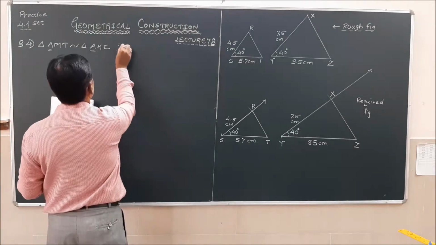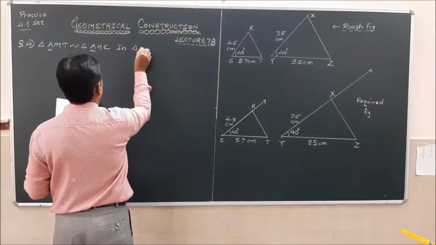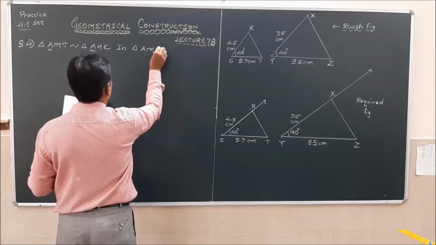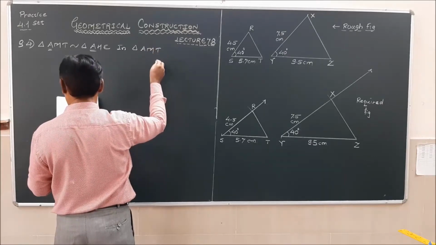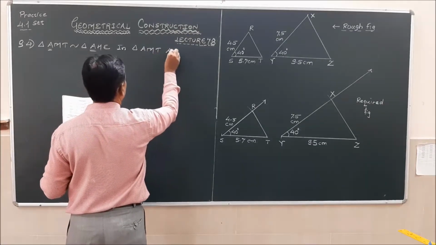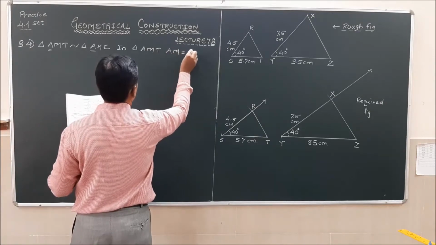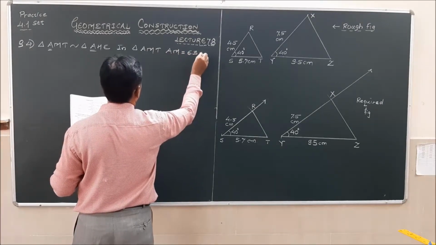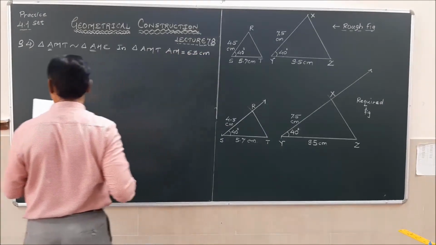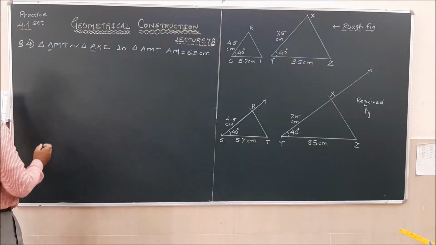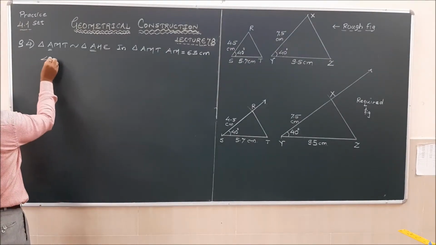In triangle AMT, AM is 6.3. Angle TAM is 50.